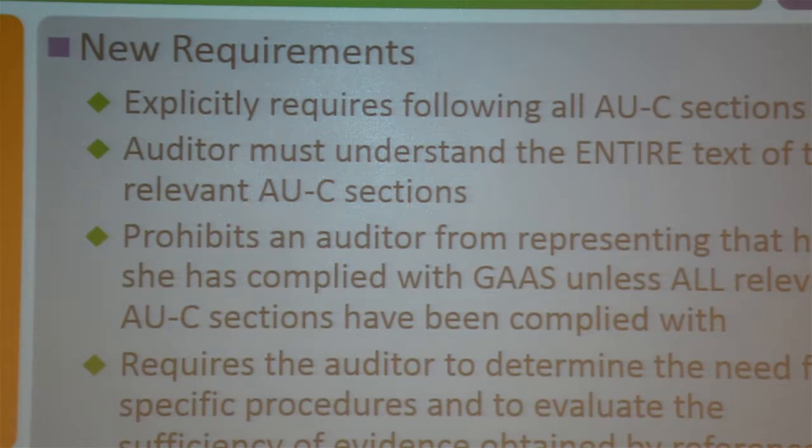Okay, clarity standards. Go to slide 17. Clarity standards are probably anything but clear to most CPAs. I was listening to Marlo Hunter, one of our AICPA speakers we bring in.